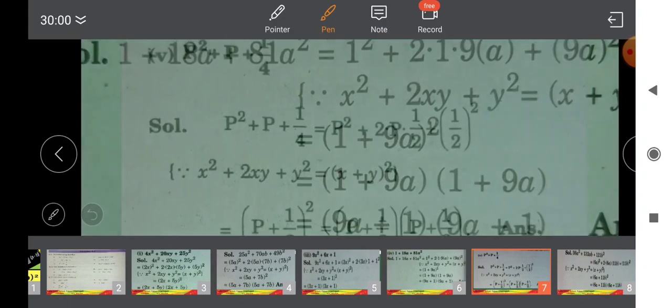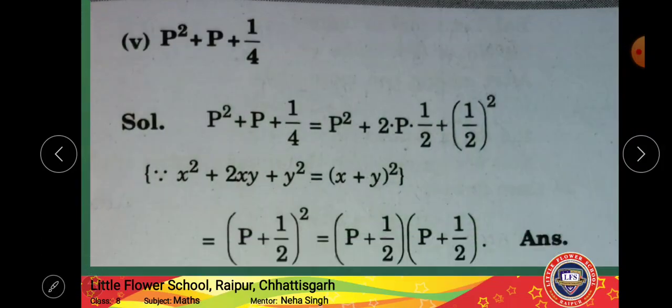Now the fifth part. In this it is a little different, since here a fraction is given. p square plus p plus 1 by 4. Now p square is already in the form of x square, I will leave the middle term for now, and 1 by 4 I can write as 1 by 2 whole square.